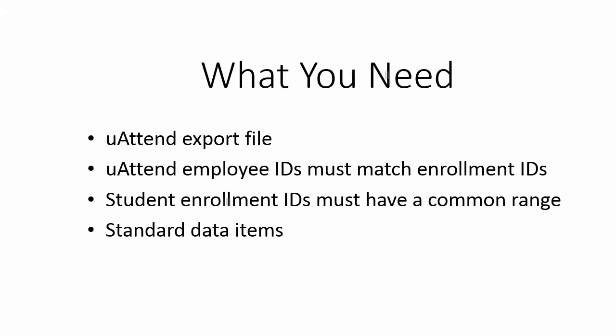If that doesn't happen, I don't know how I can help you. It should be a pretty fixable problem, though. Student enrollment IDs should have a common range. If they don't, then you're going to have to use the exceptions table or just manually change it. Again, I can't help you automatically very easily with that.